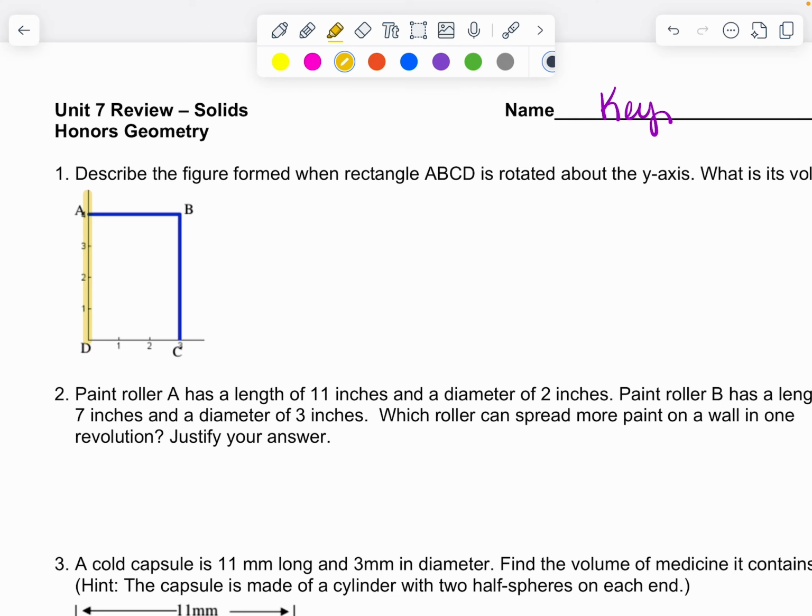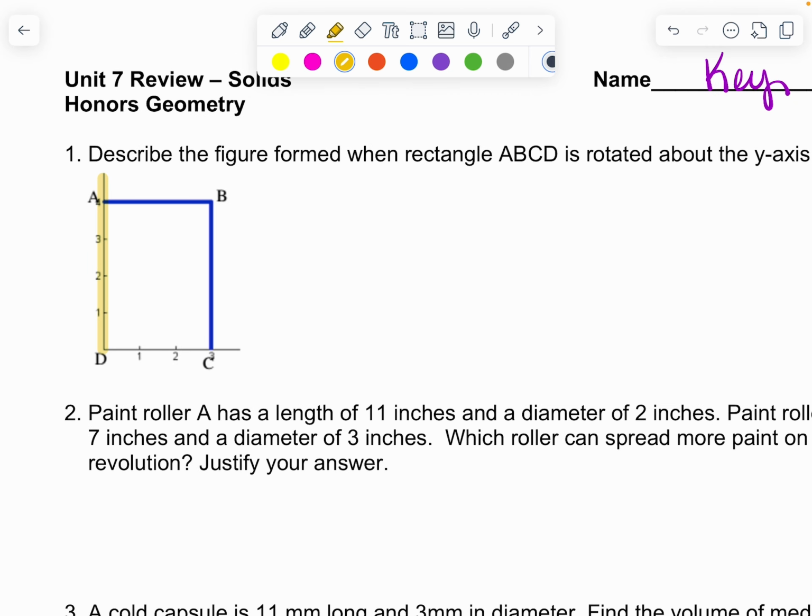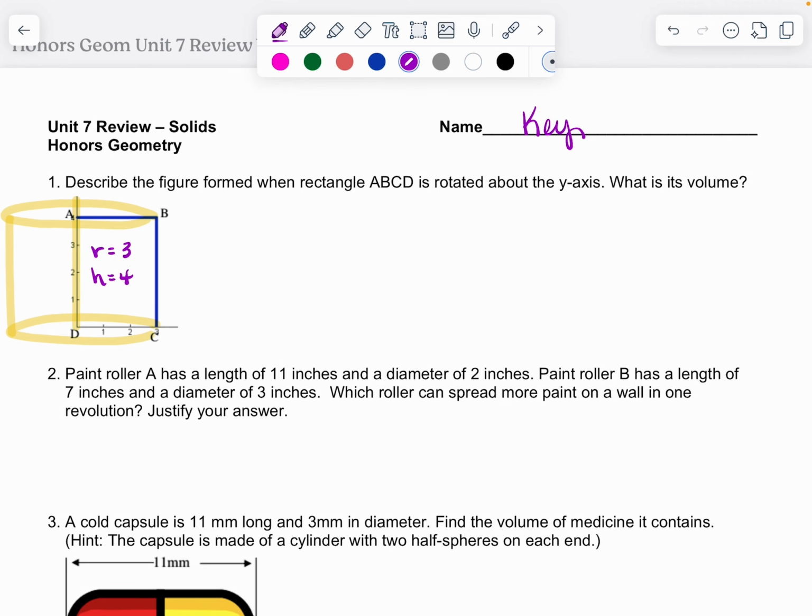So the first one is asking us to rotate the rectangle about the y-axis. It is important that you pay attention to which axis you're rotating around because, of course, it would change the radius and the height. So remember, it's going to kind of look like this when we rotate it around. So that means that the radius of the cylinder is going to be 3, and the height is going to be 4.